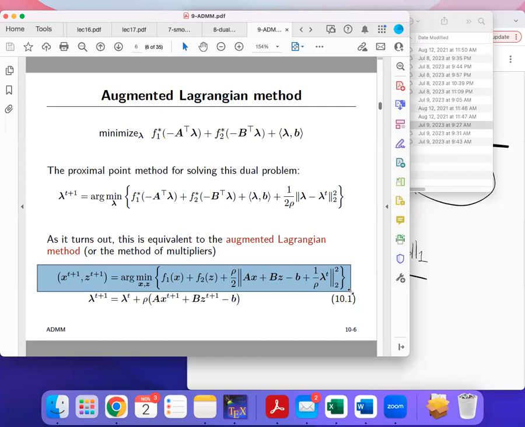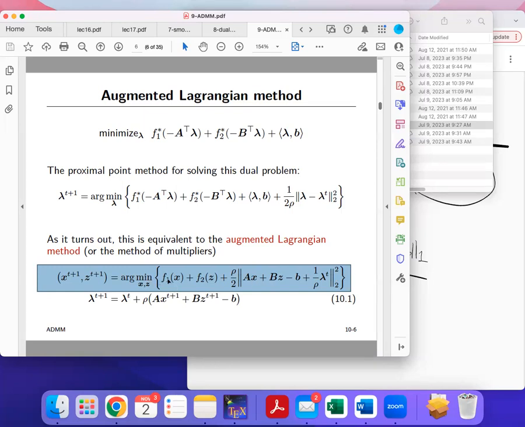You see, the nice thing is that these minimizations over x and z are separate, they are different parameters, right? But this quadratic term makes things coupled because of A and B. For example, if we don't have this quadratic term, then this problem is very simple.